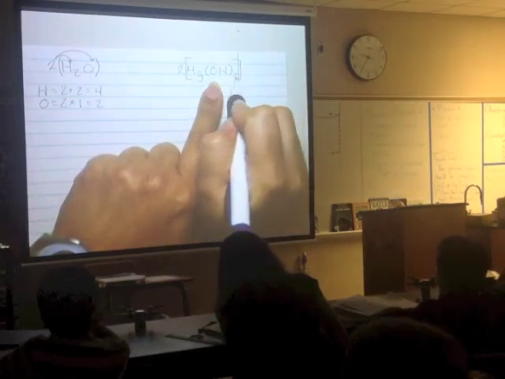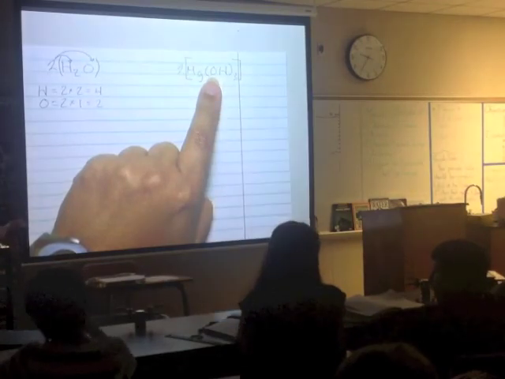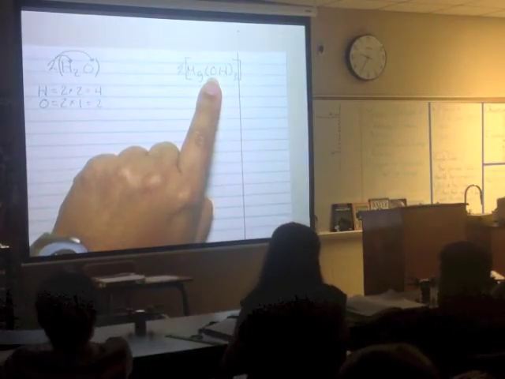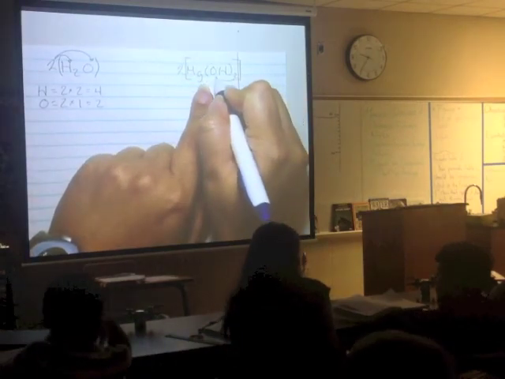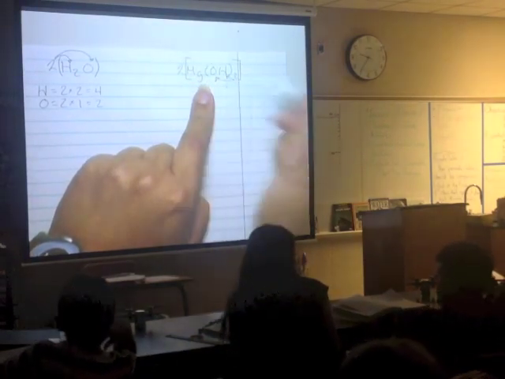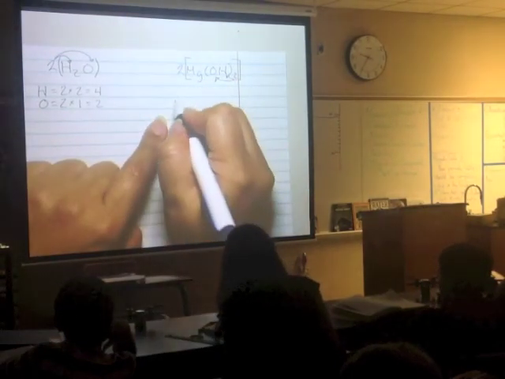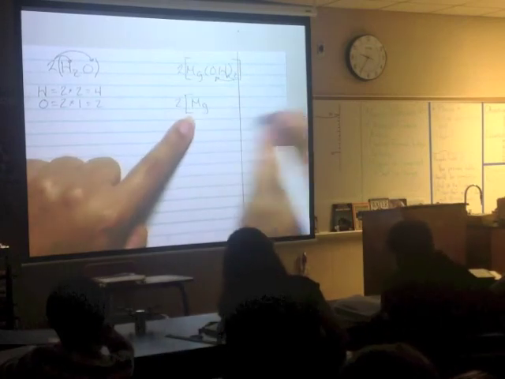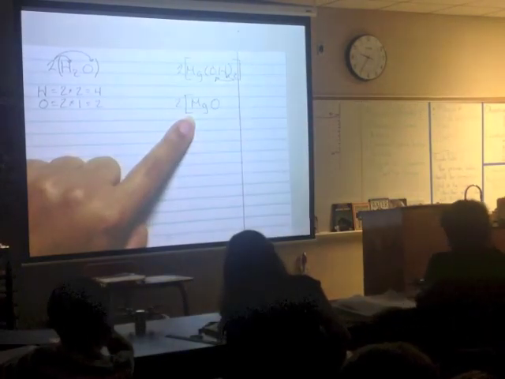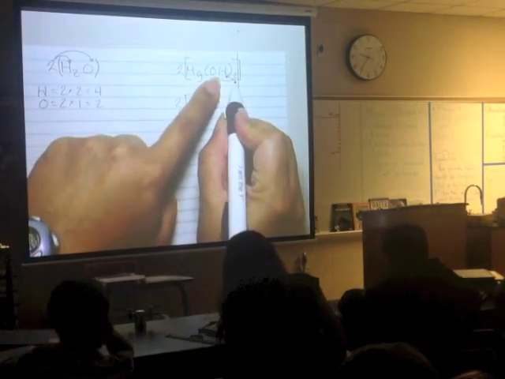So, in here, I have this number outside of these parentheses. Now, usually in math, the number's in the front. In science, sometimes you're going to have it in the back. This too, you're going to do the same thing. You're going to distribute into those. Okay? So, I haven't done anything with the outer number yet. If I distribute, now how many oxygens do I have? 2 times 1 is 2.